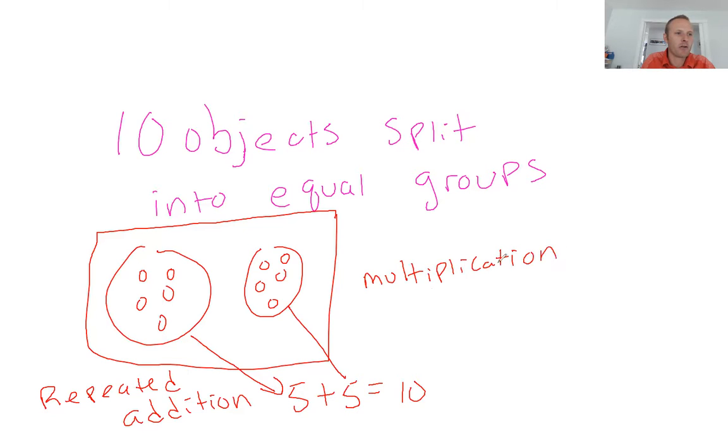And that's going to ask you the number of groups, which is 2, multiplied by the size of the groups. And the size of the groups was 5 objects. So our total is 10. Our size of our group is 5, not 10.